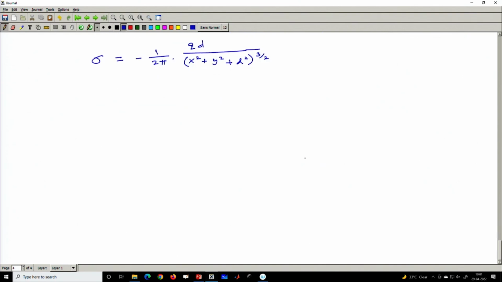Now what is the total charge? The total charge should be the integration of sigma dS, where dS is the surface element over the xy plane, and so dS should be simply r dr d phi.